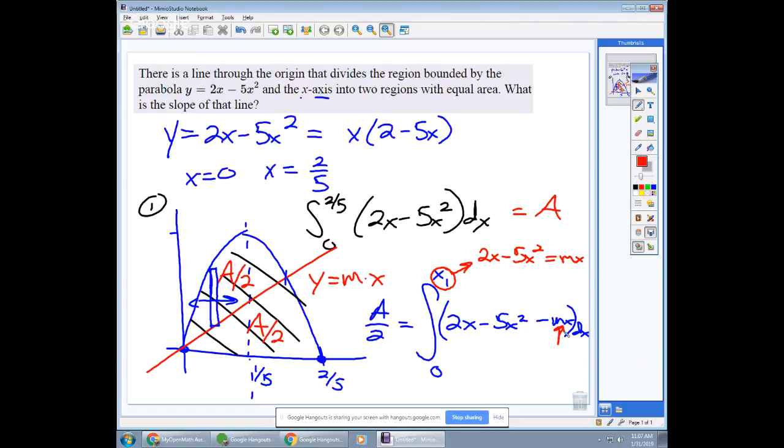If you have to find an antiderivative of this, that's not a problem. That's pretty easy. Then you plug in 0, and it's all going to disappear in this case. And then you plug in whatever that number ended up being, set it equal to half the area, and then solve for m. That's annoying.